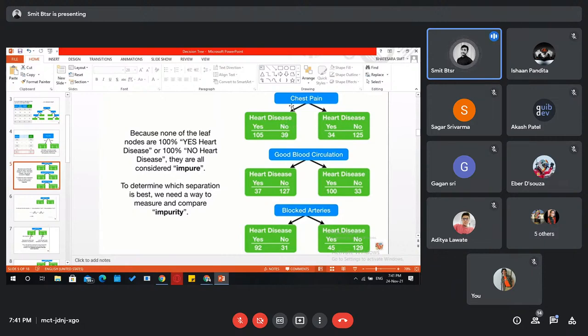So what we can do is tell that these are not pure relationships. If there is a clear 0-1 ratio, all of them are in yes and none of them are in no, then we can say that there is a pure relationship between chest pain and heart disease. We will use the words purity and impurity to refer to this relationship.